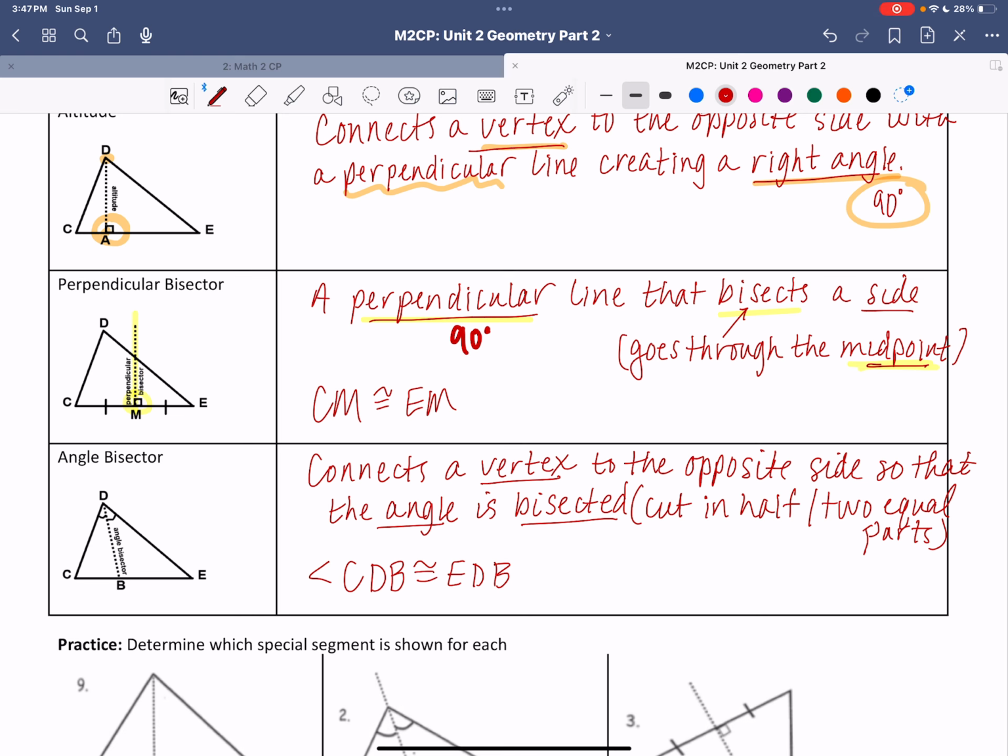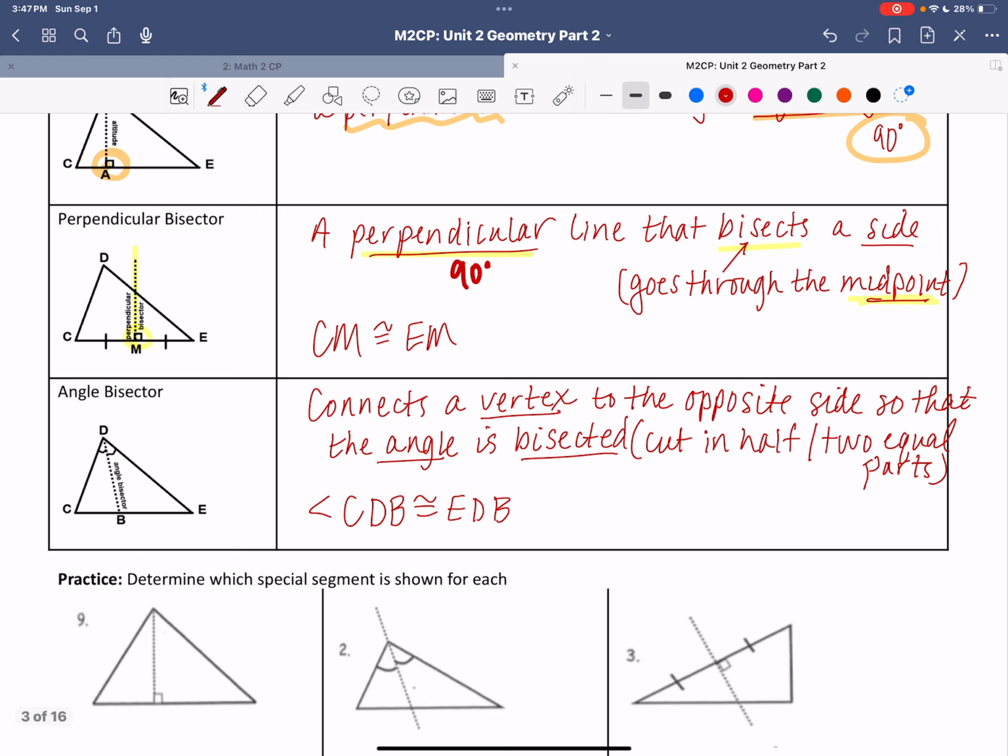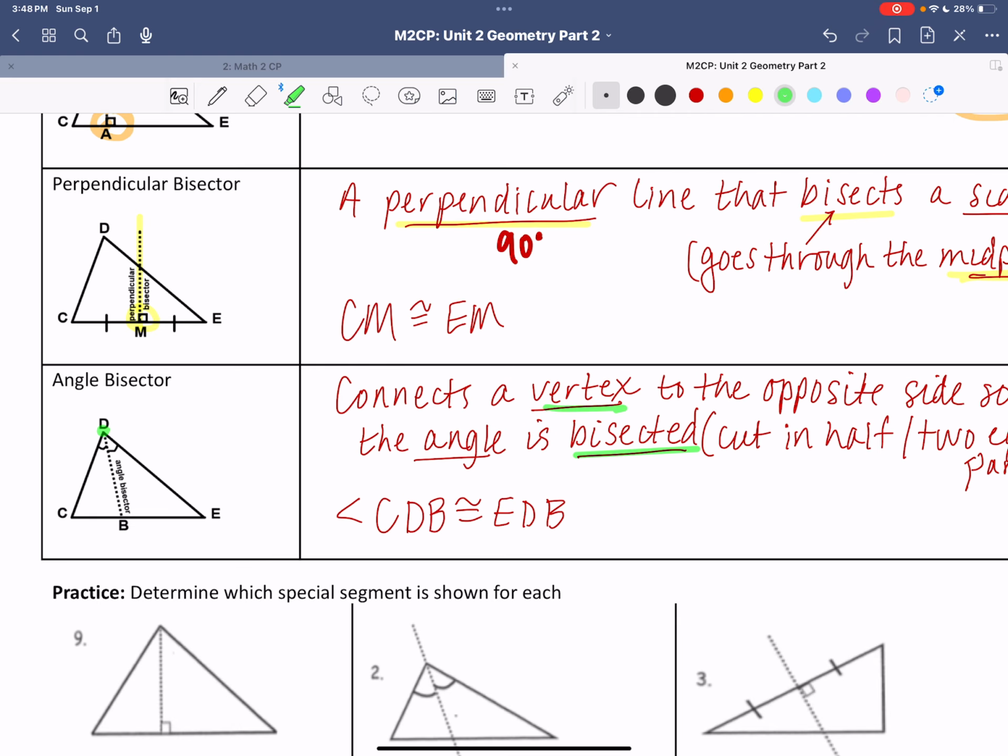All right, next up, we have an angle bisector. For an angle bisector, it connects the vertex to the opposite side, so the angle is bisected. And remember, it's cut in half, or you have two equal parts. So the vertex is right here to the opposite side, which is here. So this is the same as that.